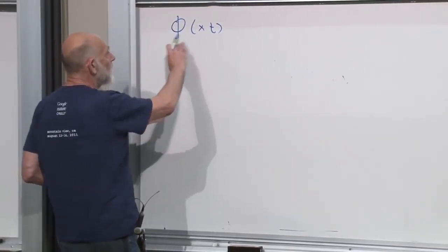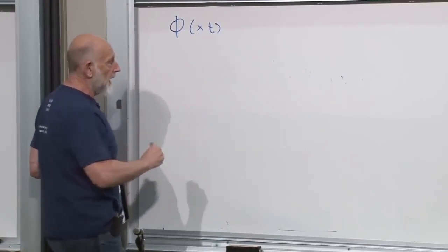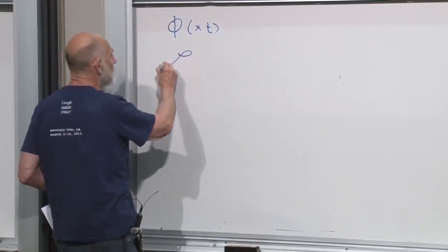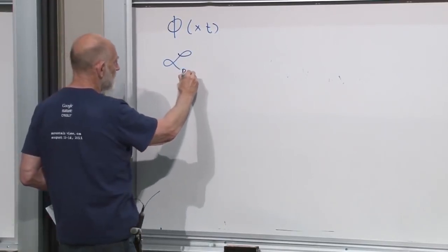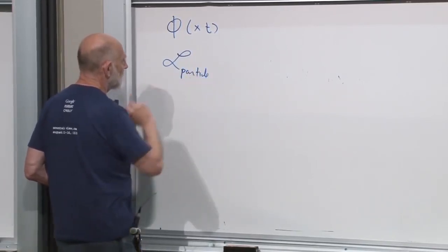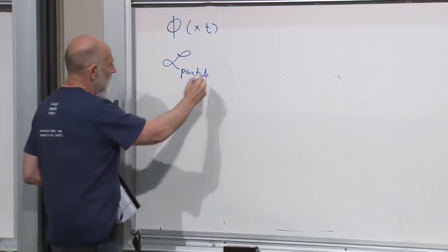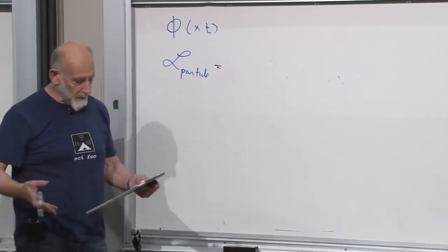And for that, we're not going to ask about the dynamics of phi now. We're going to ask for the Lagrangian for the particle. This is the particle Lagrangian. So let's remember what it is to begin with.